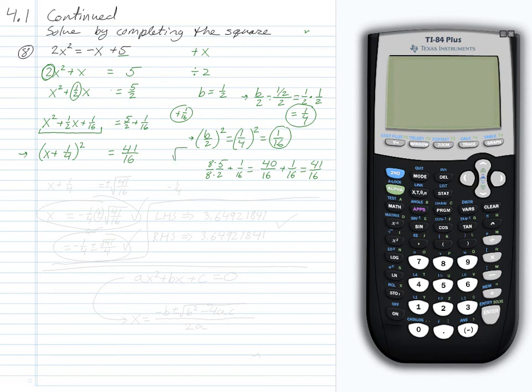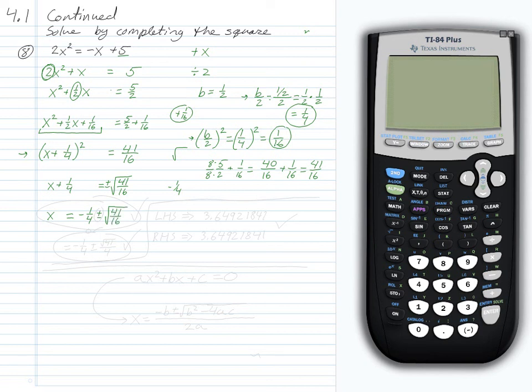So if I square root both sides, I get x plus 1/4, I get rid of the square, equals the square root, positive or negative, of 41 over 16. So x, if I subtract 1/4 from both sides, is equal to negative 1/4 plus or minus the square root of 41/16.